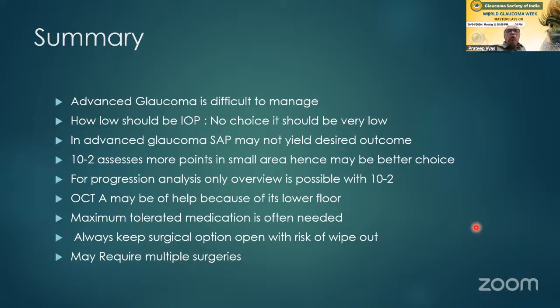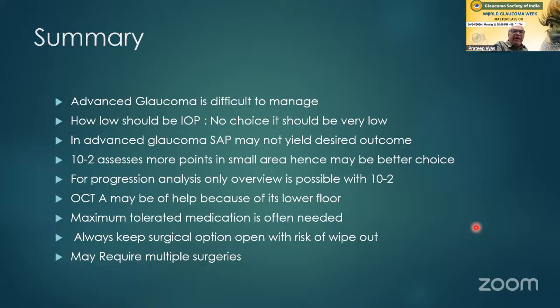And how to lower the intraocular pressure is a very difficult task, and it is always better to diagnose this patient with the 10-2 strategy, and OCTA might be a little helpful in these patients, but still, it's not a very granular modality to assess these patients. But still, probably in future, they hold lots of promise.